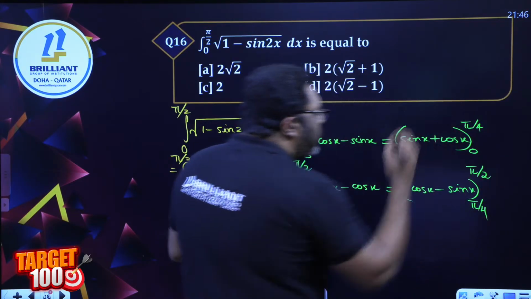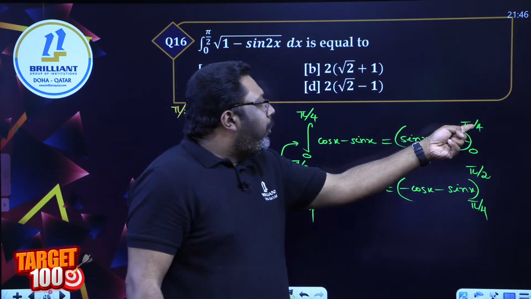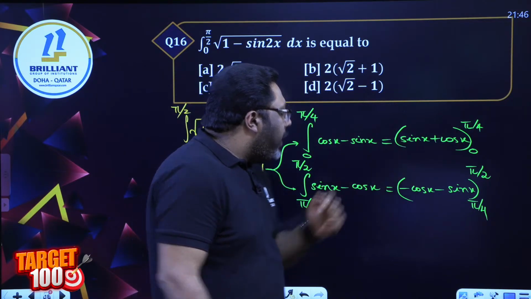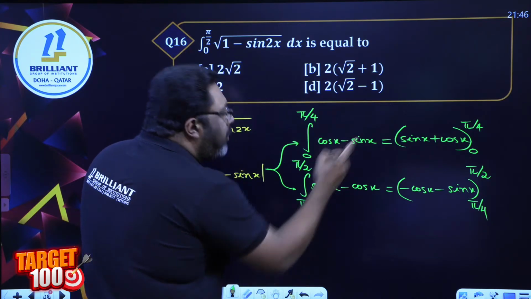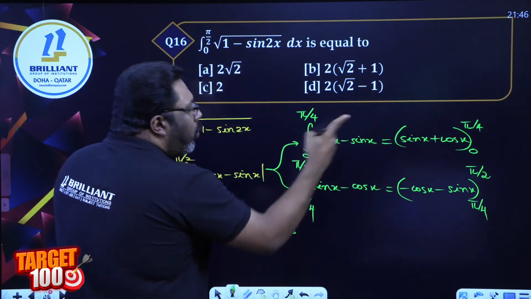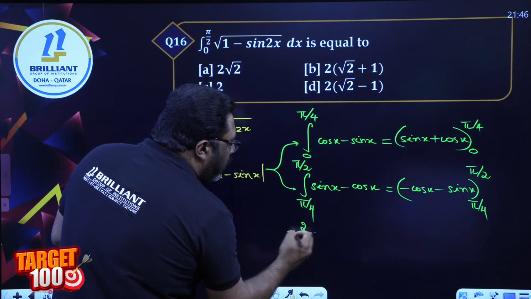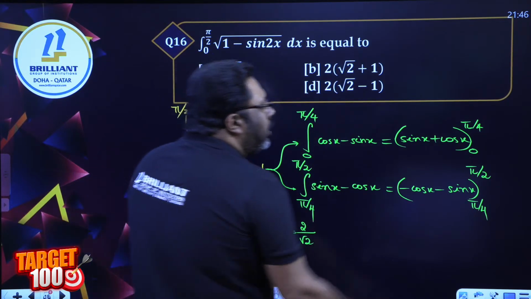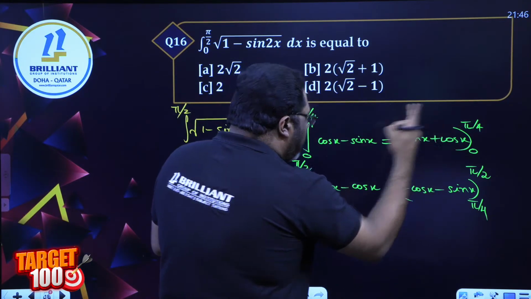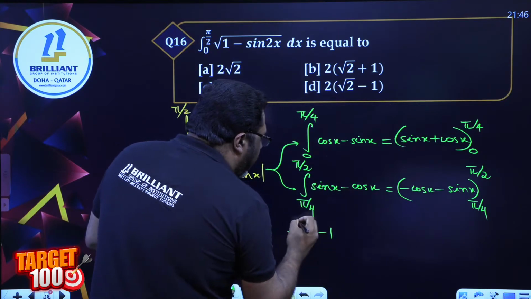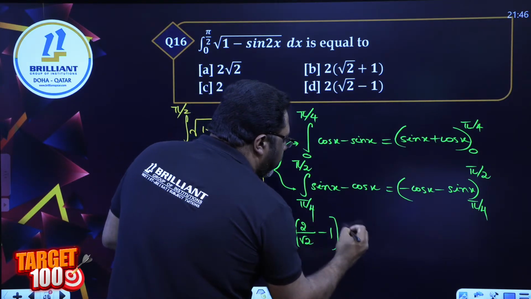Find each of the values and add it. When I apply pi by 4, it's going to be sine pi by 4 plus cos pi by 4, 1 by root 2 plus 1 by root 2, 2 by root 2. Sine 0 is 0, cos 0 is 1. So 2 by root 2 minus 1 is the first answer.